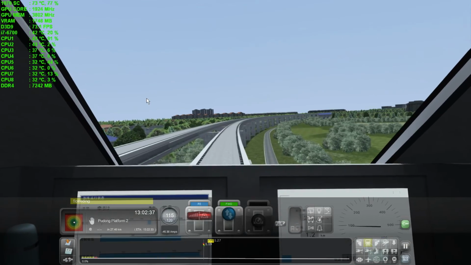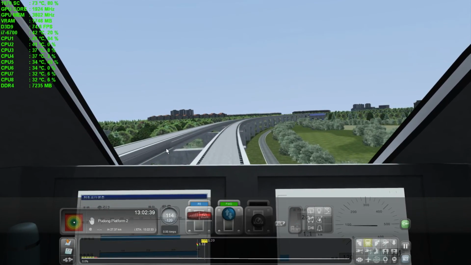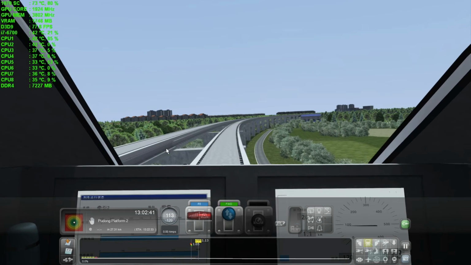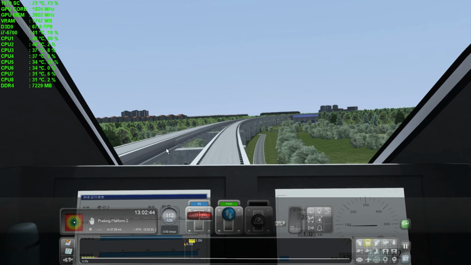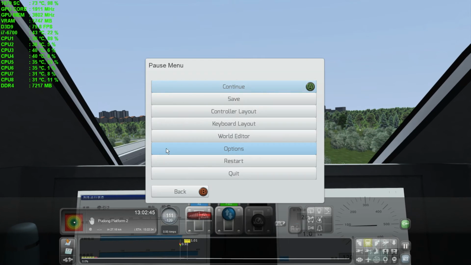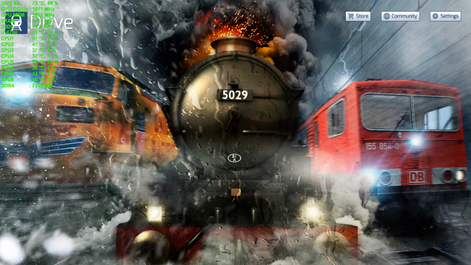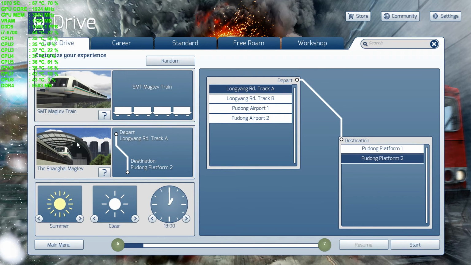Inside the cab, 75 frames per second. At this speed, the other one never got there. Okay, so that's this example. Let's look at a final example, and you'll see the point I'm trying to prove here.